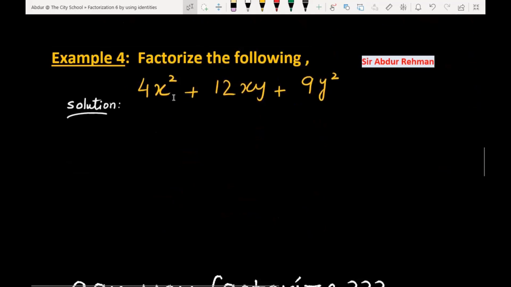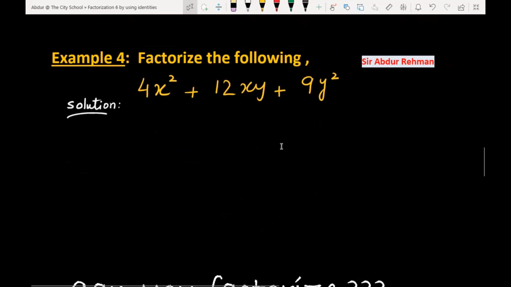Example number 4 is 4x squared plus 12xy plus 9y squared. In the last lesson, I explained this type of question by breaking the middle term, but it is better to factorize by using identities.